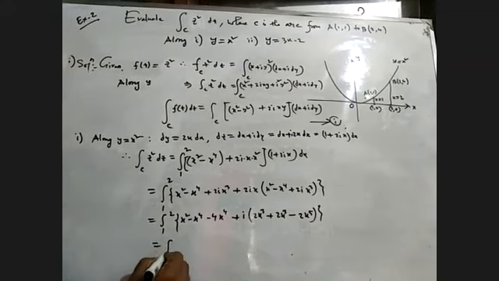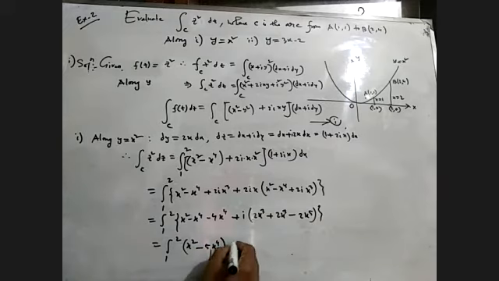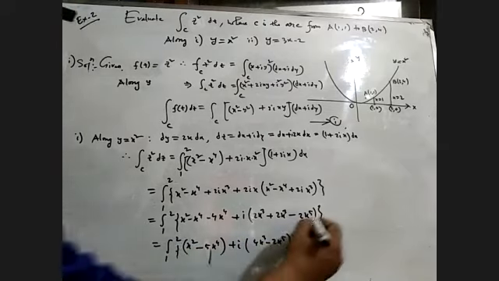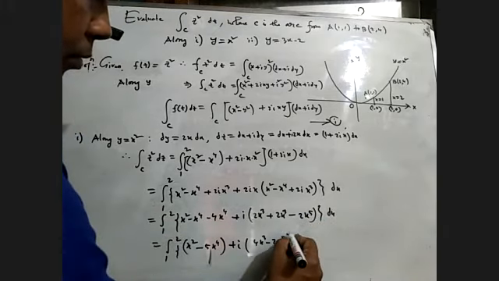So the integral limit will be 1 to 2, x square, 4x cube, 2x to the power 5 dx.